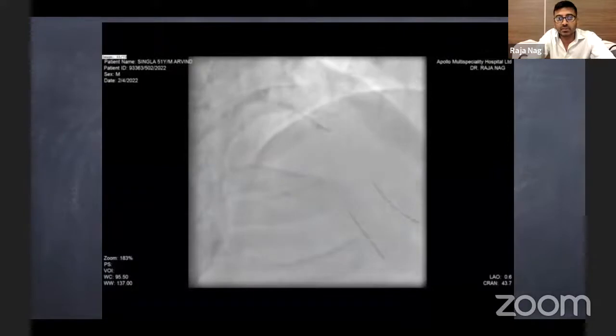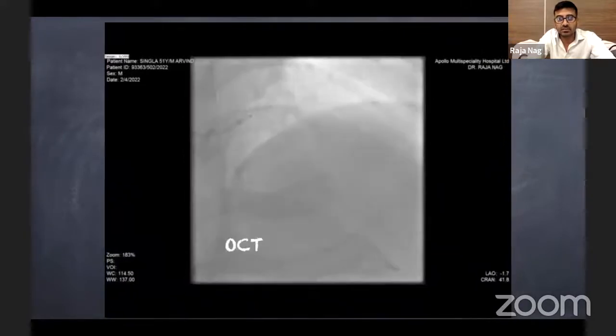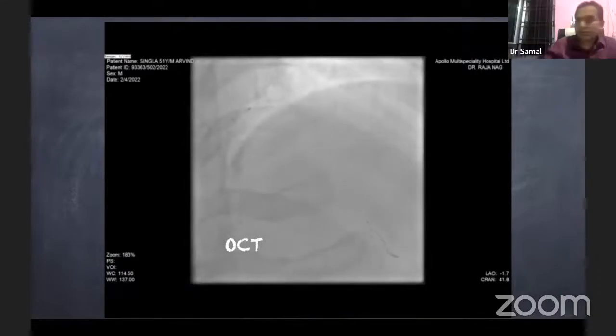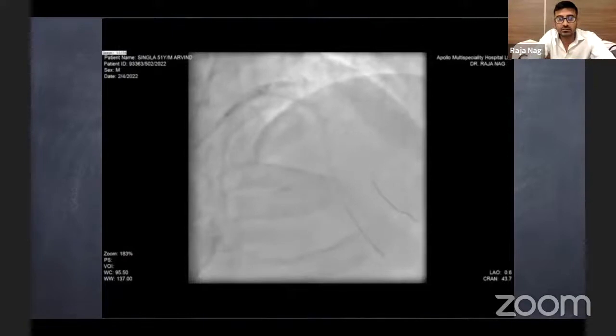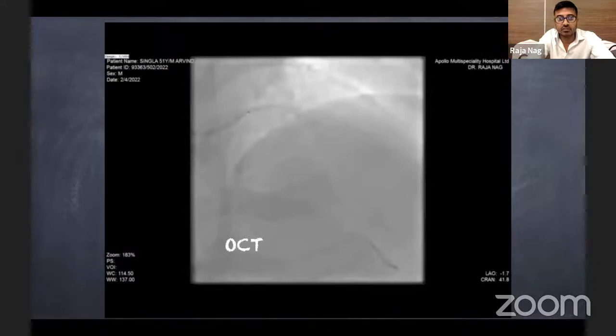So we first opened up the large diagonal. That was not difficult. Now, my OCT catheter wouldn't pass through this LAD, so I knew this was something sinister.